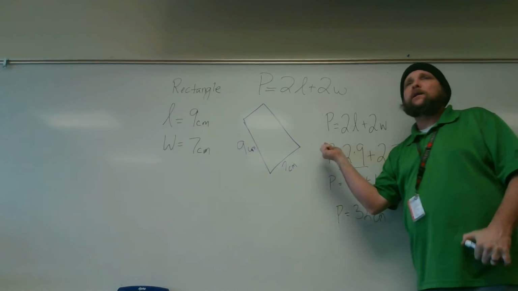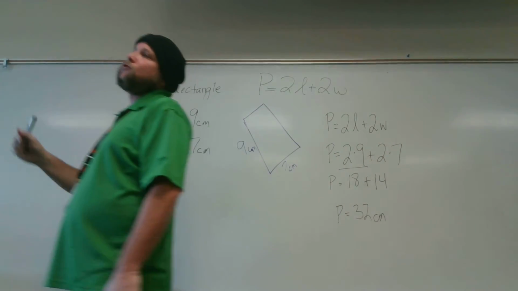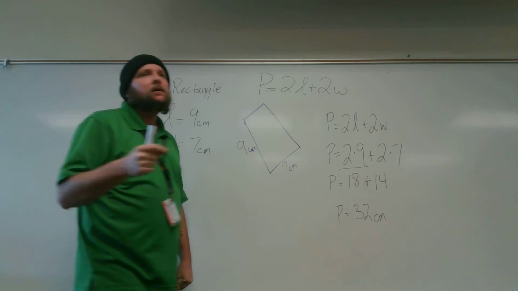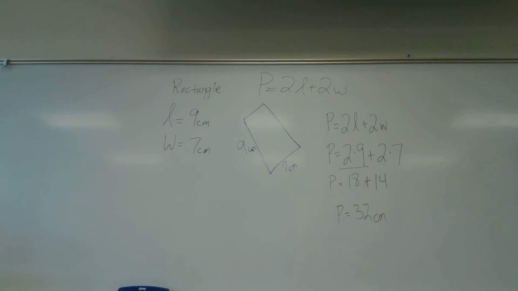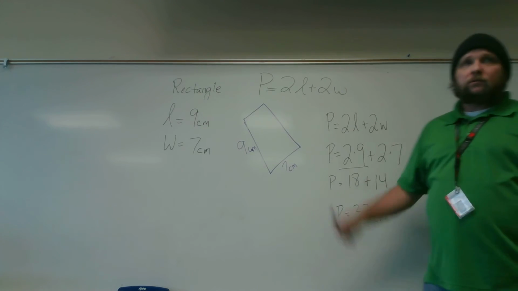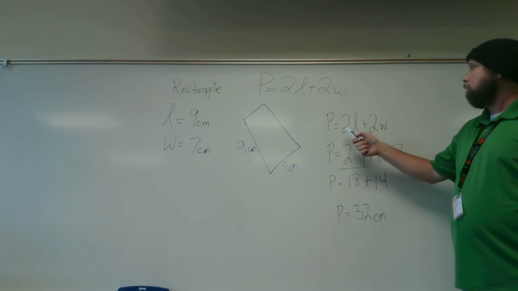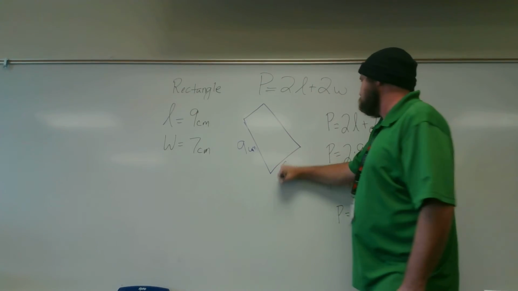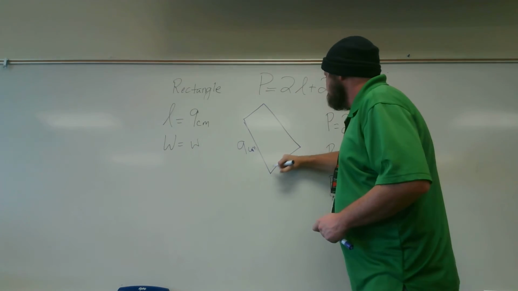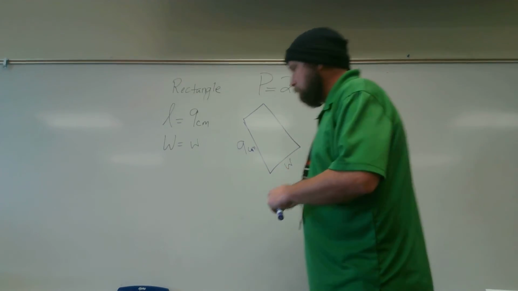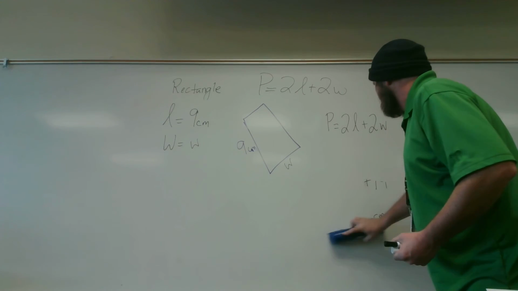If we follow the formula every single time, if you draw a picture every single time, you're not going to make any mistakes, no matter if it's fractions, no matter if it's decimals, no matter if it's just variables. If it said the width equals W, then you would just put 2 times W. We would make the width W, and we still follow the formula.